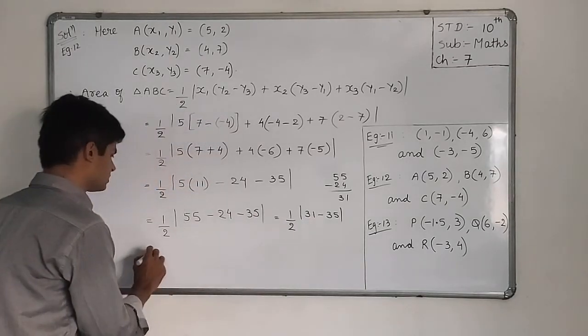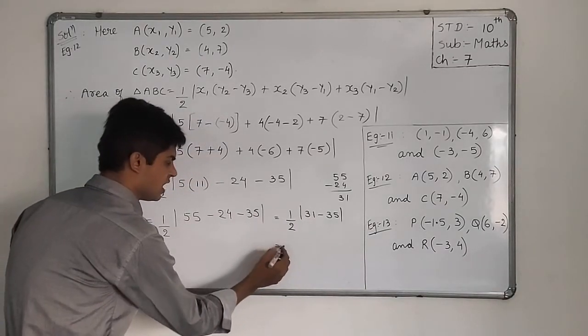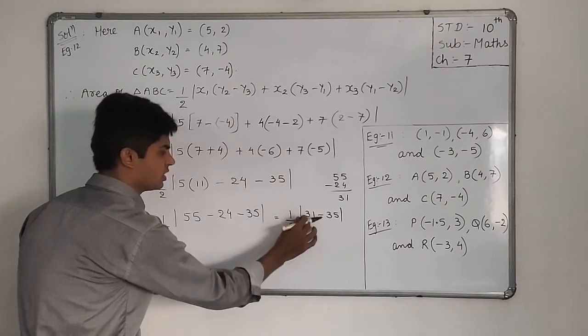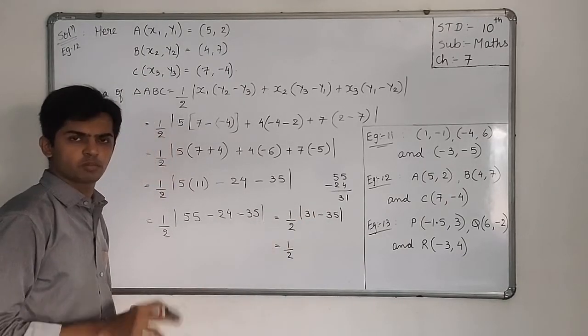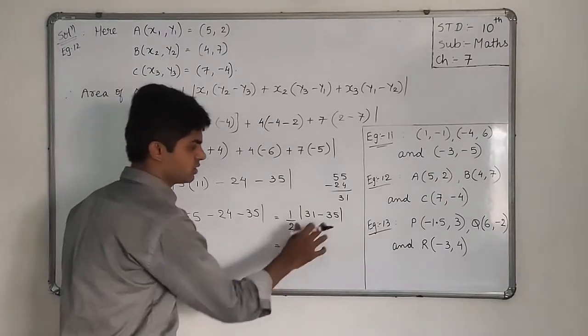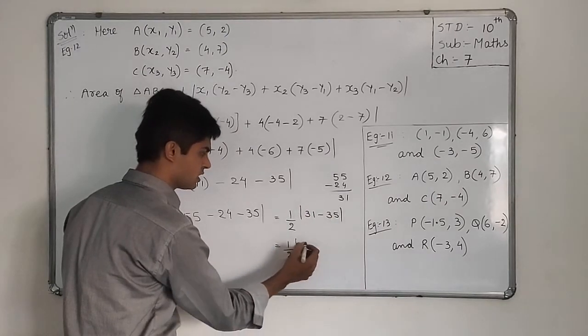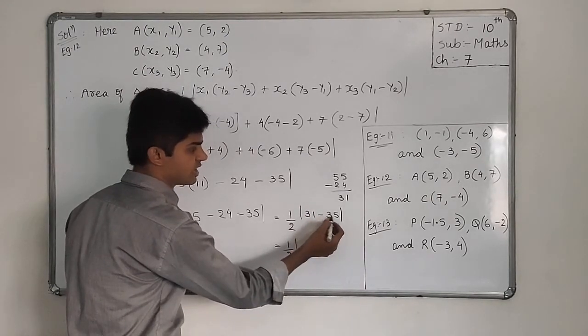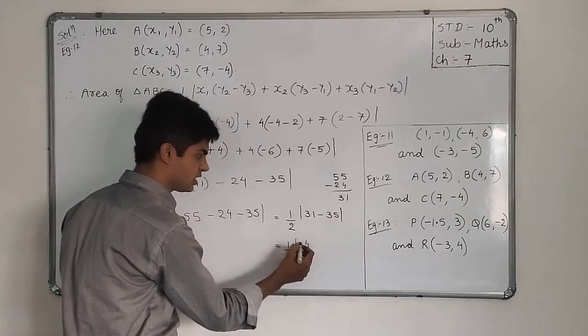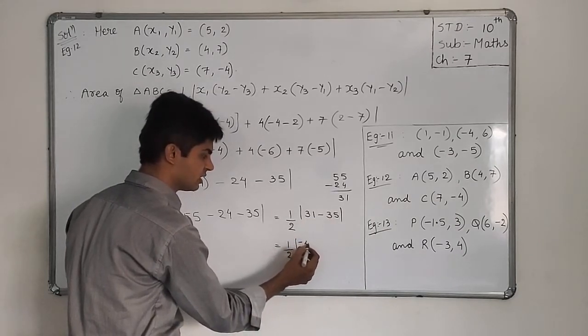If you solve this, what will you get? Half, 31 minus 35: minus, subtraction, bigger number minus smaller number, that is 4. Bigger digit sign: 35 is bigger and its sign is minus, so here also minus will come.